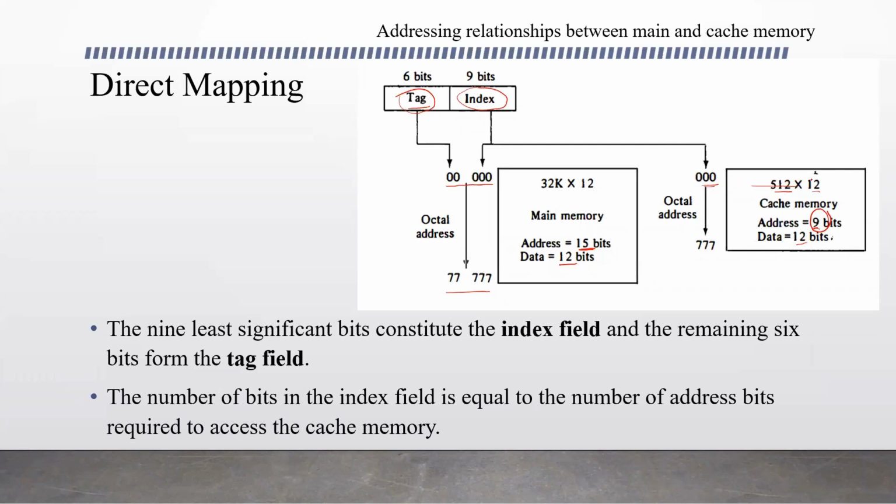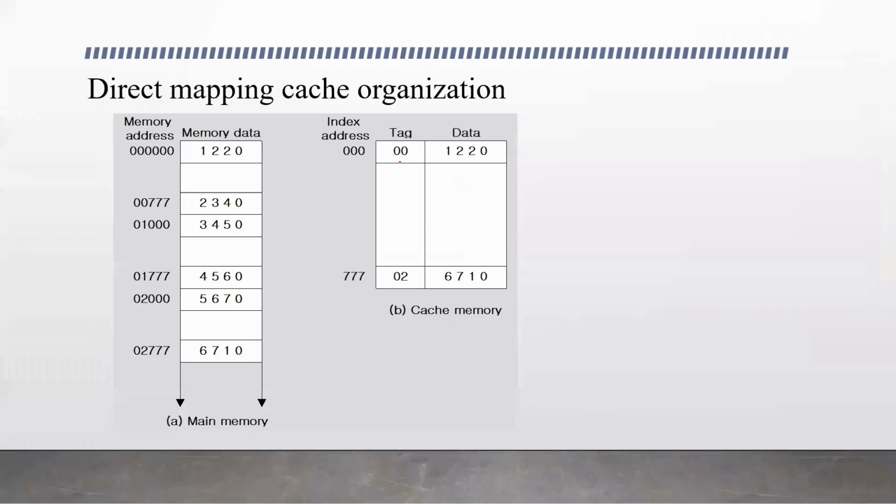The data part in this cache memory includes the actual data and the corresponding tag. The most significant 6 bits are used as the tag, to identify the corresponding data. The address of the main memory has 5 octal digits, so this is the first location in main memory, 5 zeros. This address is divided into two fields.